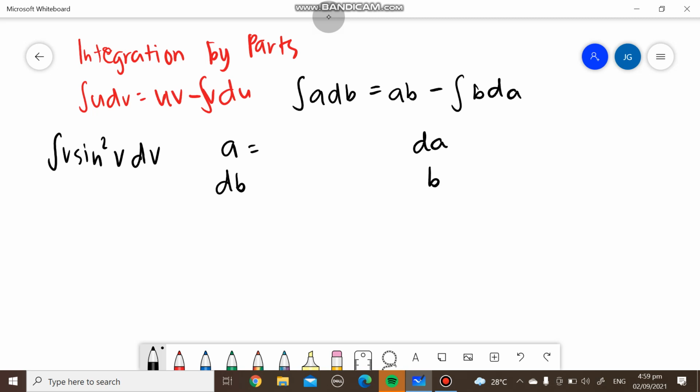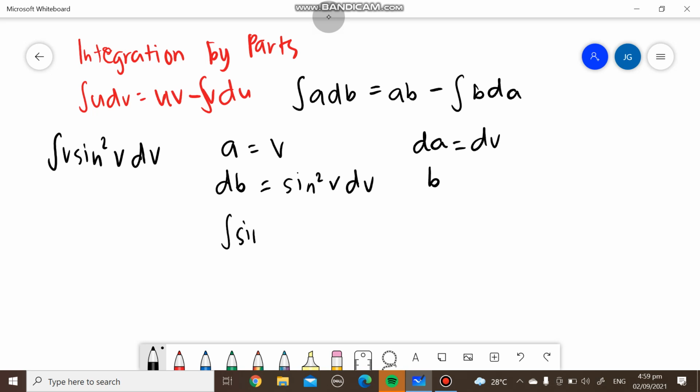So, the value for the a will be v, and then the derivative of v is dv, and the value for the db is sine squared v dv. So, we need to integrate that.